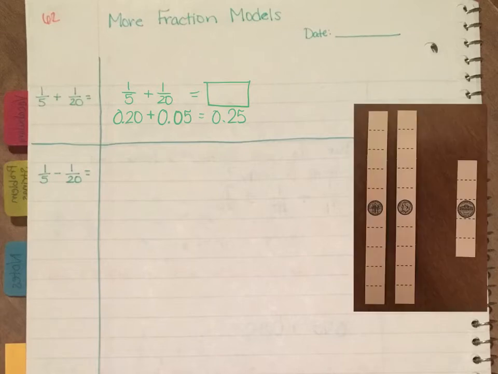So in this first problem, we added 20 cents and 5 cents. But this time, we're going to be doing the opposite because instead of adding, we're now subtracting. So in your mind, you can still think about money, but this time we're going to start with 1/5.